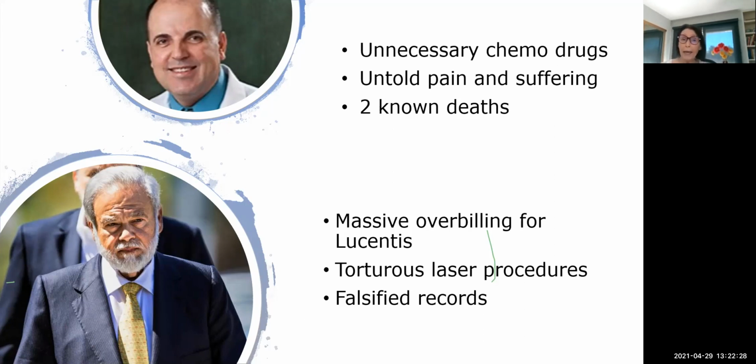He told them that they had serious retinal diseases, which they did not. Because he lied to them and told them that they had these diseases, he was able to administer these torturous laser procedures to their eyeballs. And then he billed Medicare falsely for over $70 million. That is where fraud impacts patient harm.